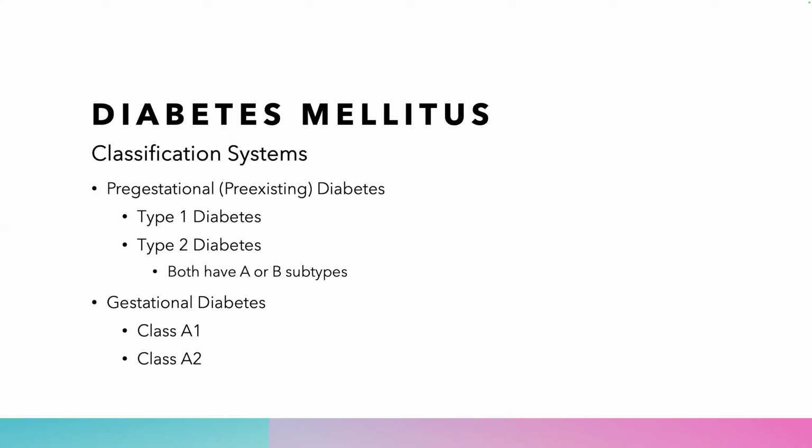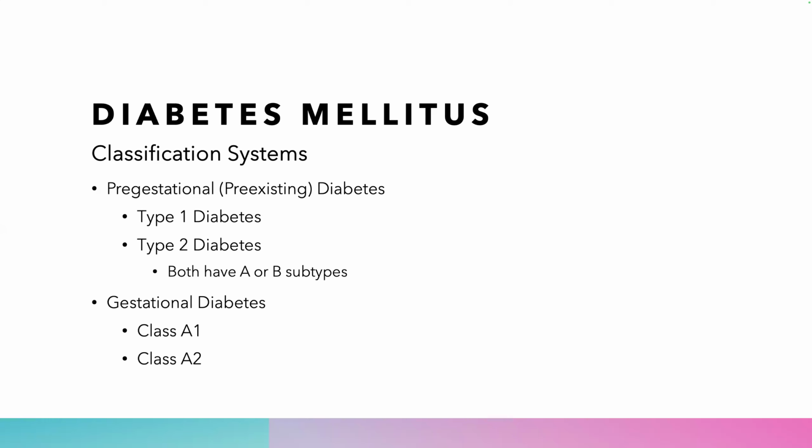And then gestational diabetes, this is really carbohydrate intolerance, glucose intolerance, noted first in pregnancy. This has to do with hormones of pregnancy, which we'll talk about, but it can be linked later in life to type 2 diabetes. So we take this very seriously, and it can still have risks for both the pregnant person and the fetus.